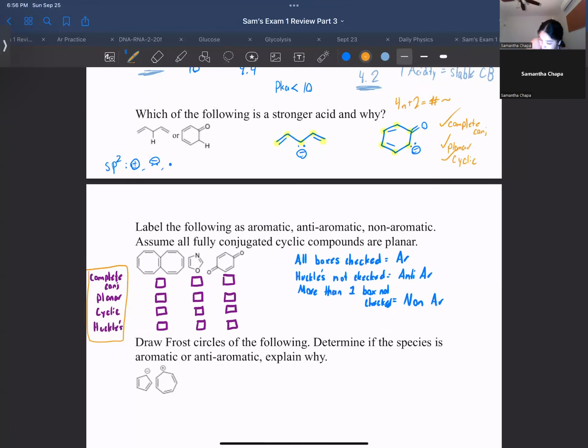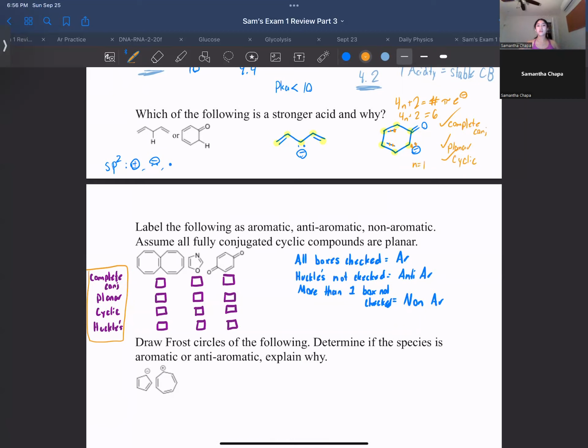Number of pi electrons. So I'm going to count my electrons. 1, 2, 3, 4, 5, 6. 6 pi electrons. We don't count these right here because they're out of the ring. Anything outside of your ring, you don't count. And you get that n is a whole number. N is 1.